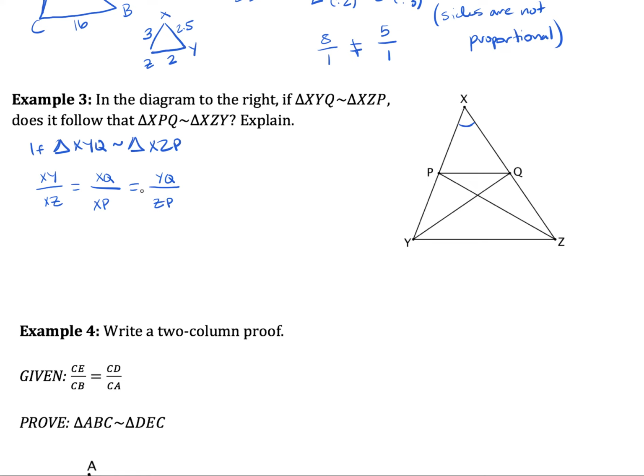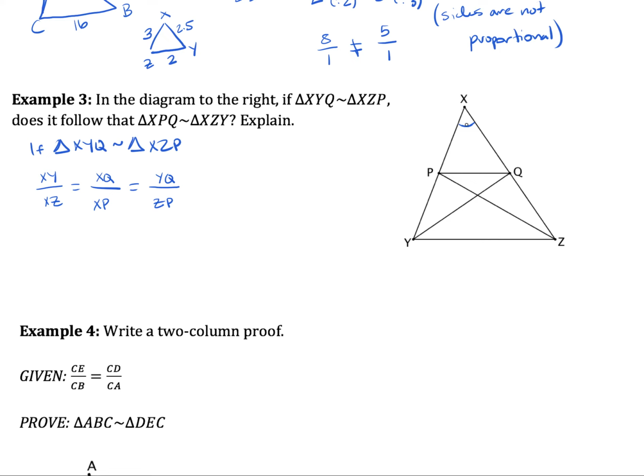Now the reason why that's interesting is that I might notice that two of these ratios involve sides of the two triangles that I'm trying to decide are similar or not. You might be able to tell which two ratios involve sides of these triangles. Well, look here.